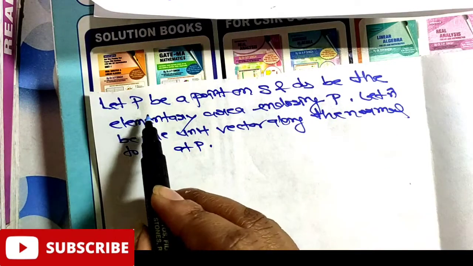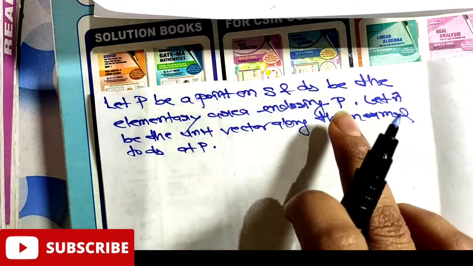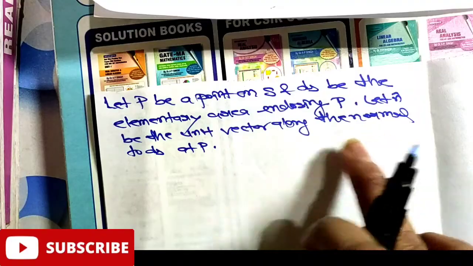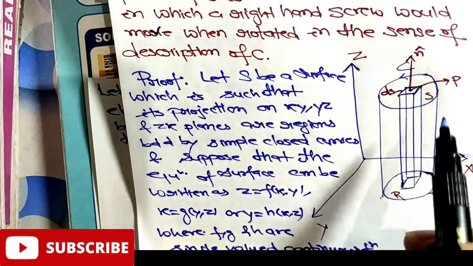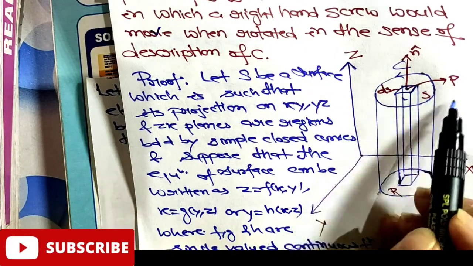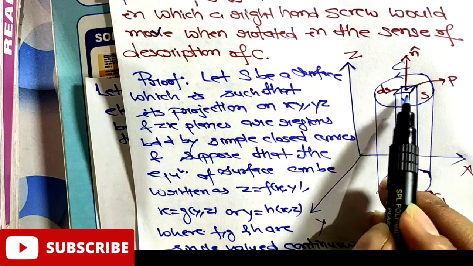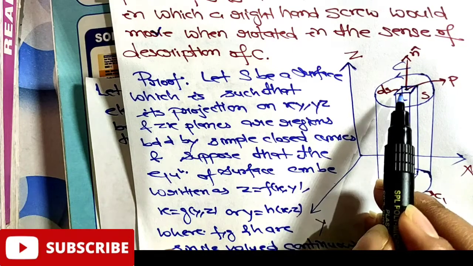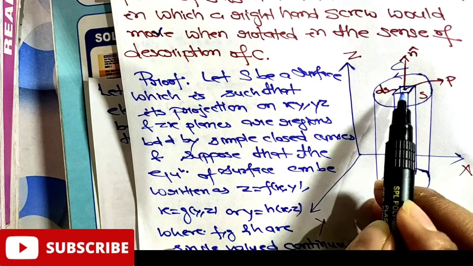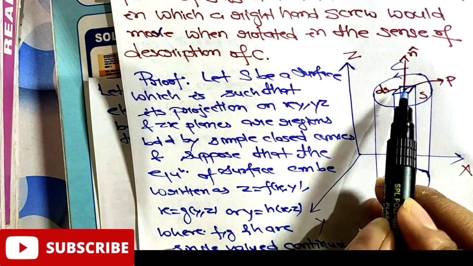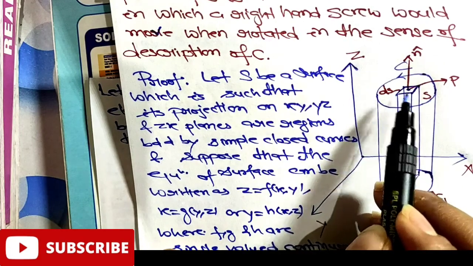We let P be any point on surface S, and ds be the elementary area enclosing that point P, and n cap be the unit vector along the normal to ds at P. I have shown this in the figure. We are considering any point P on the surface S, and we enclose this point P with the elementary area ds, and n cap is a unit normal vector. Normal means perpendicular to that surface, so n cap is perpendicular to ds.